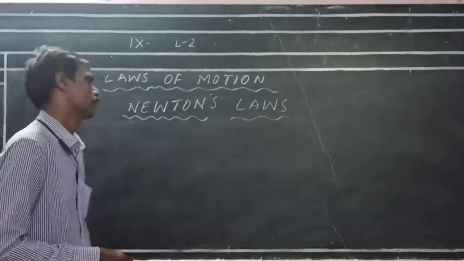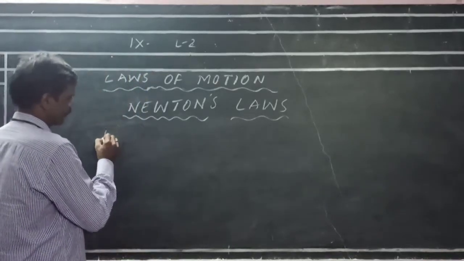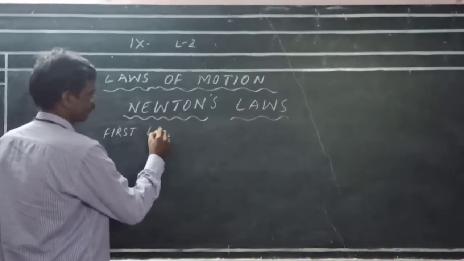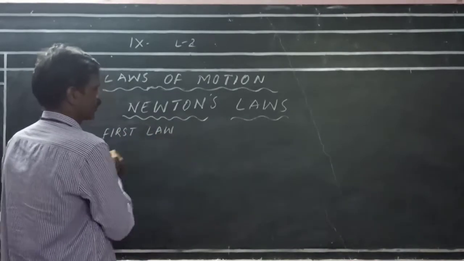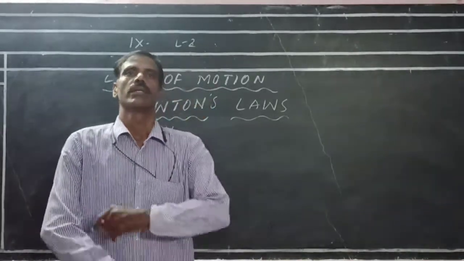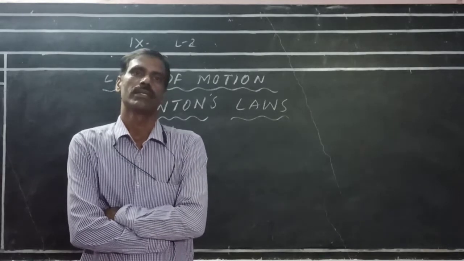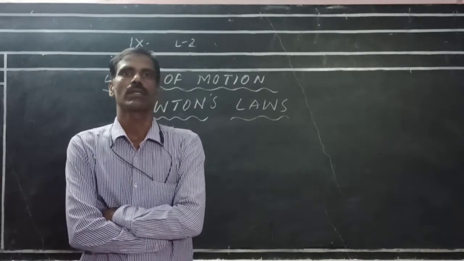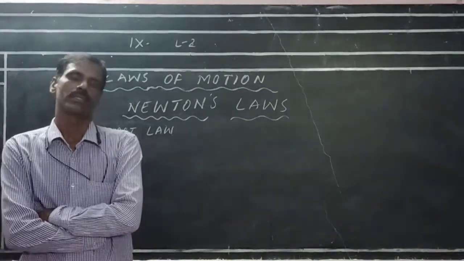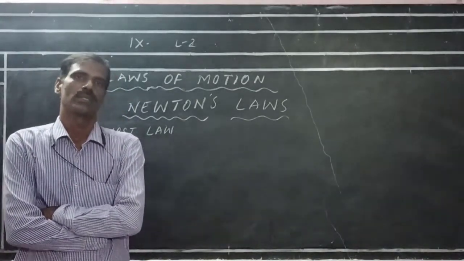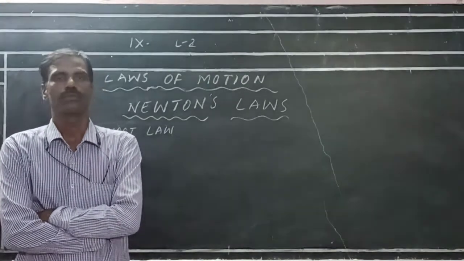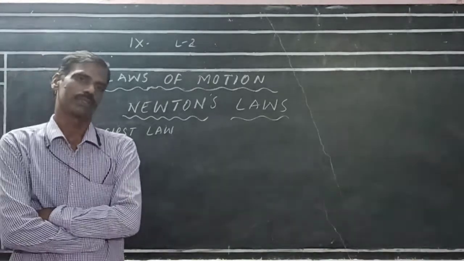First law. The first law states that a body tries to be at rest or in uniform motion unless it is compelled to stop or to move from its original position.